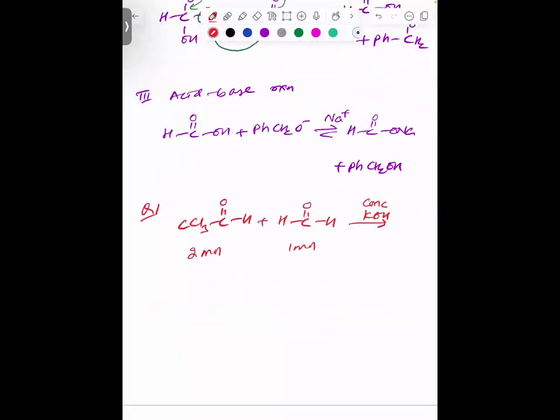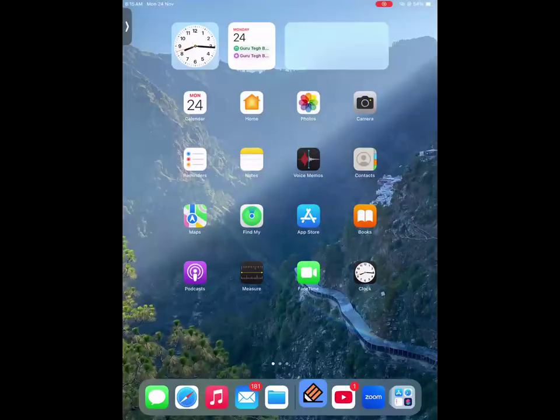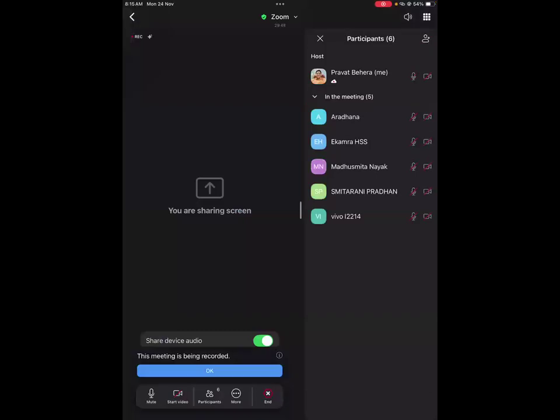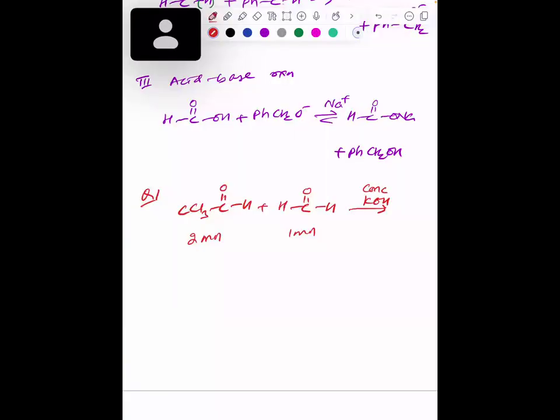Can you raise your hand, how many of you tried? Just before, we discussed which is more reactive among these two. Among all the aldehydes and ketones, formaldehyde is the most reactive, right?